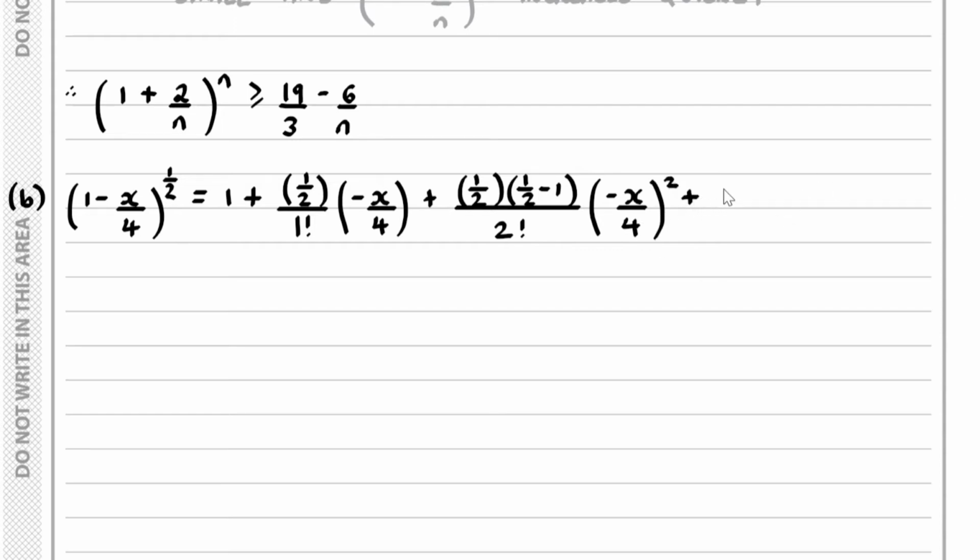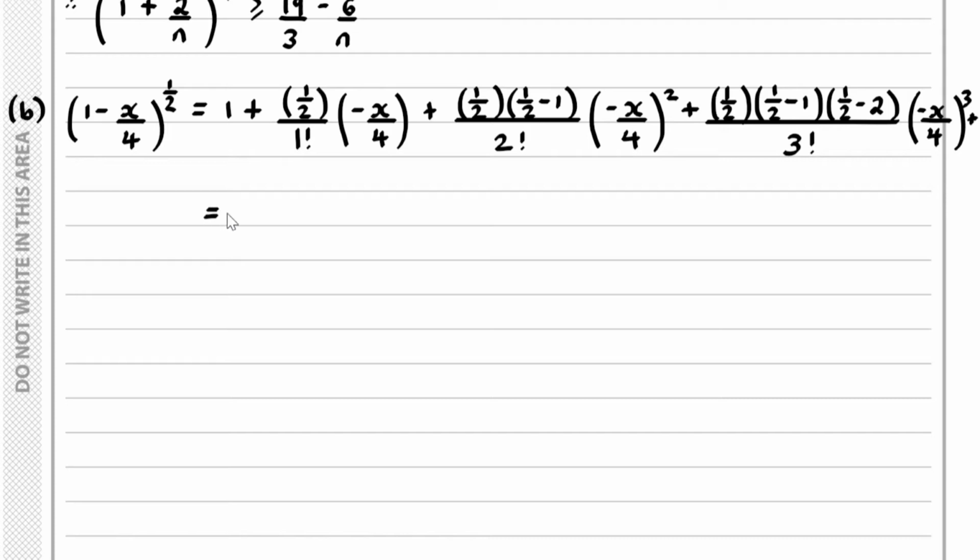And then for our next term, we have 1/2 multiplied by 1/2 subtract 1 multiplied by 1/2 subtract 2 divided by 3 factorial multiplied by minus x over 4 cubed.